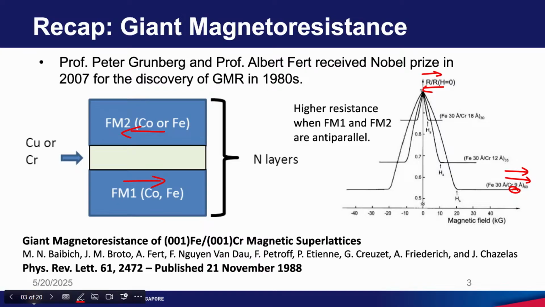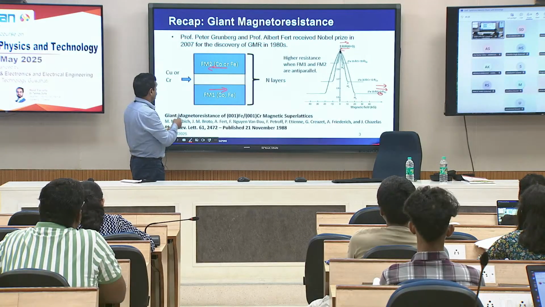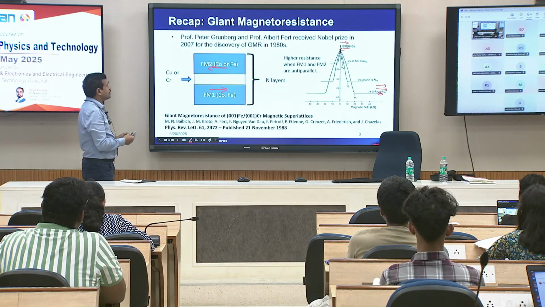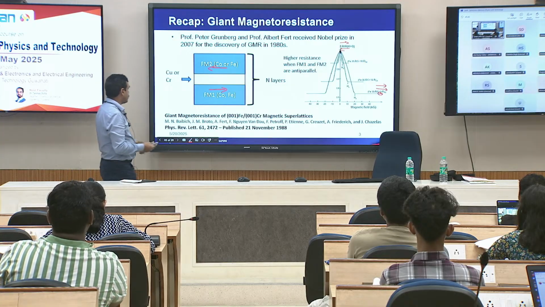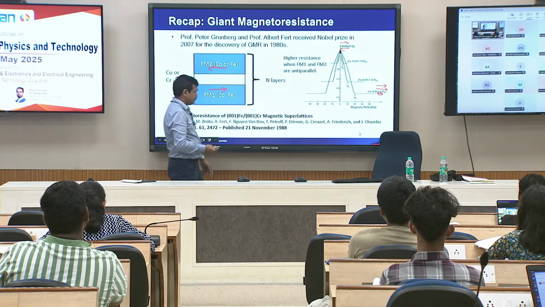So, parallel magnetization means low resistance, anti-parallel magnetization means high resistance. This is the phenomenon that they observed in 1989 to be precise, 88, 89 somewhere there.